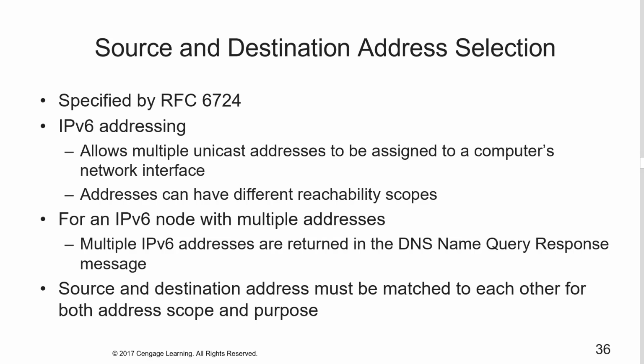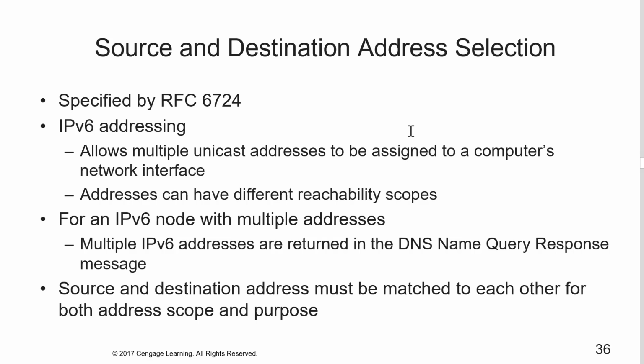The source and destination address selection process is specified in RFC 6724. The name resolution process for IPv6 is more complex than IPv4 because IPv6 addressing allows multiple unicast addresses to be assigned to a computer's network interfaces. These addresses can have different reachability scopes. The scopes can be link local, site local, and global.